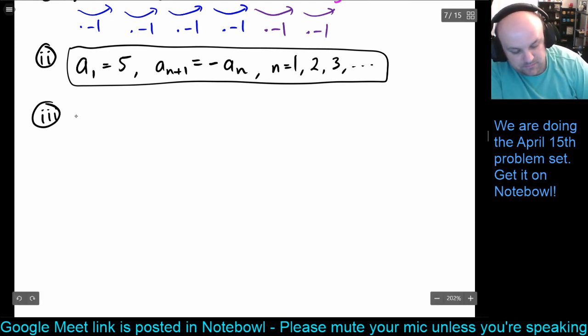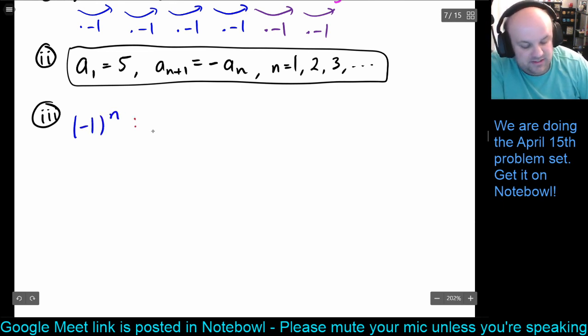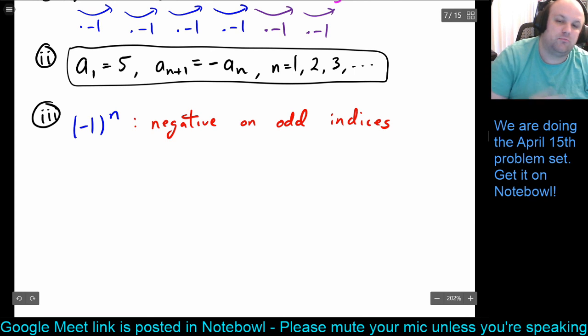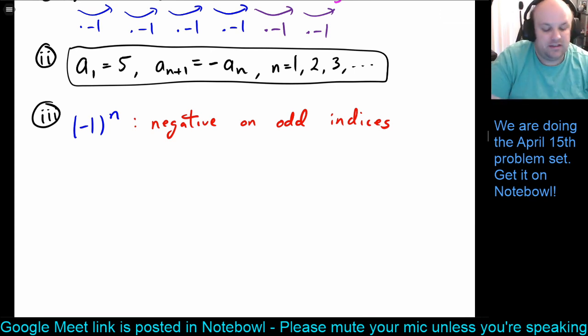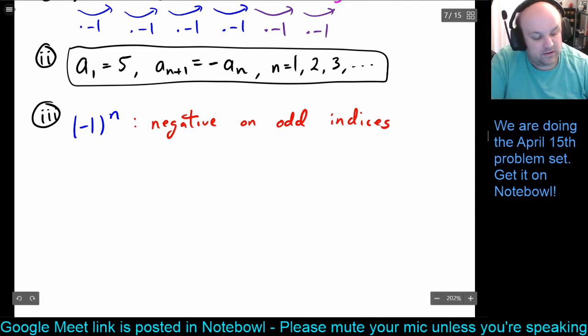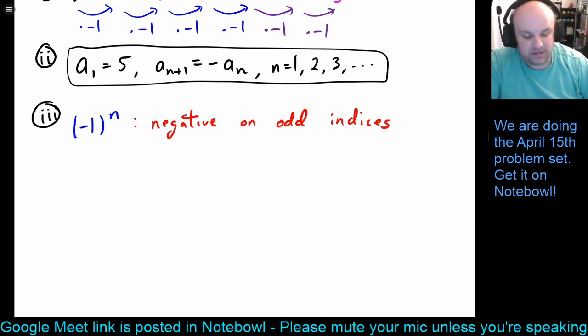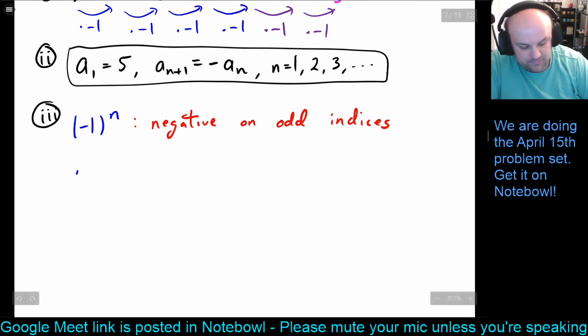The first one, -1 to the n, this is negative on odd indices. Right? So when n equals 1, 3, 5, 7, this kind of expression gives you the negative number. If you instead want the even indexed terms to be negative, so A2, A4, A6, things like that, you're going to use really one of two things.